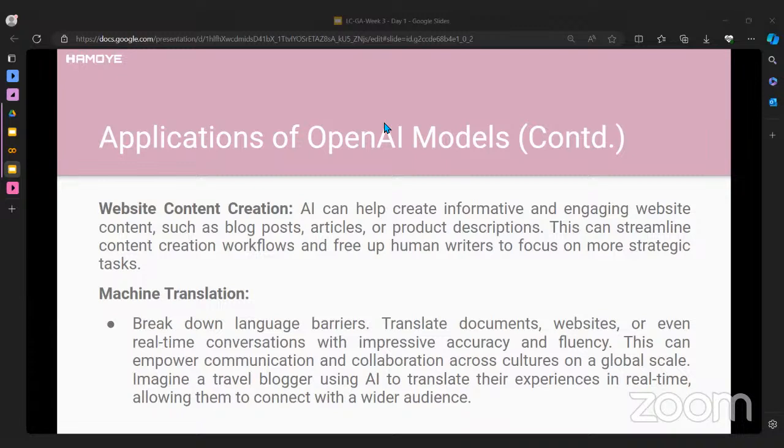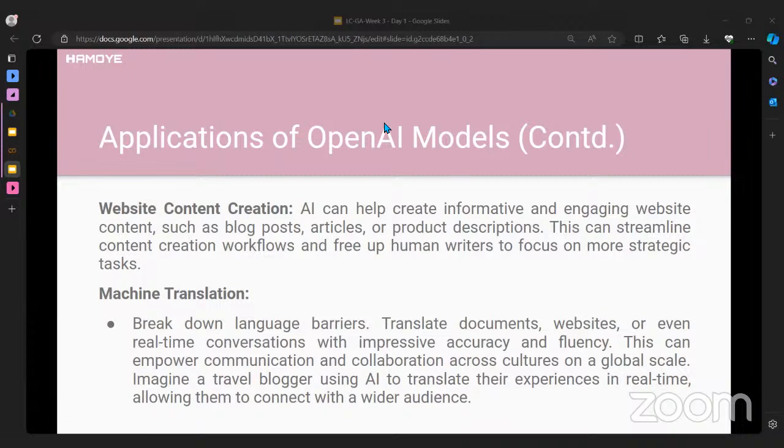This capability streamlines content production workflows, allowing human writers to dedicate more time to strategic and creative tasks rather than routine writing. Next, machine translation.